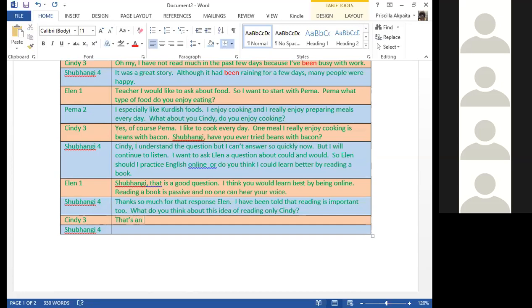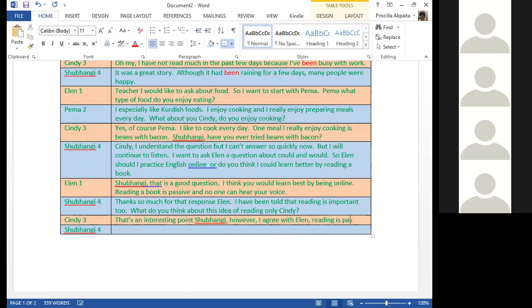That's an interesting point. Shubhandi. I want you to learn everybody's name. That's an interesting point, Shubhangi. However, I agree with Ellen.